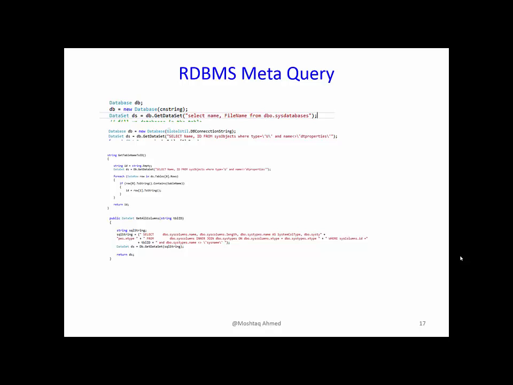From the sys objects, I took DT properties and the name, where the name is not equal to DT properties, so that I was getting all the table names under the database. Similarly, to do a further query to know the list of columns, I need the table ID. So I also created another one from the table name to the table ID.